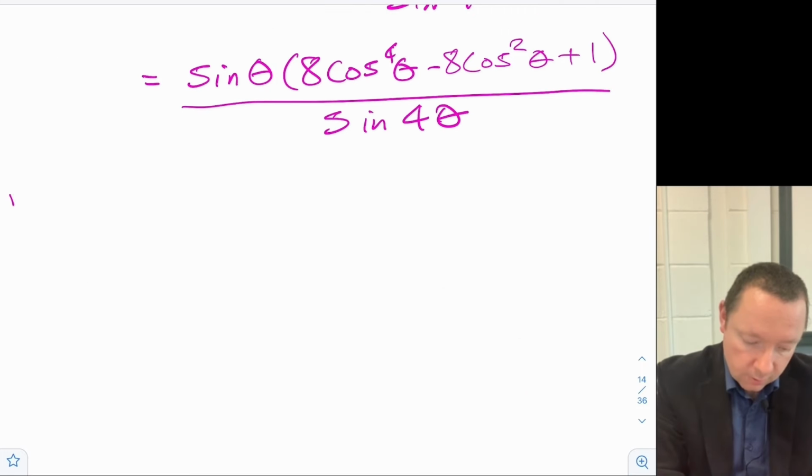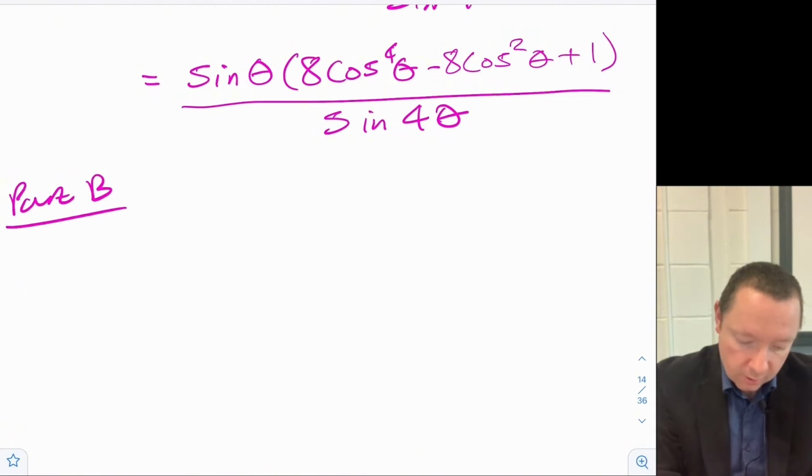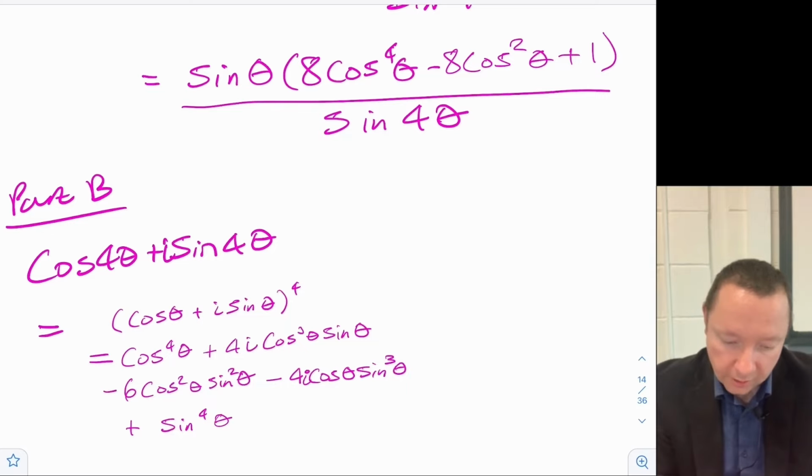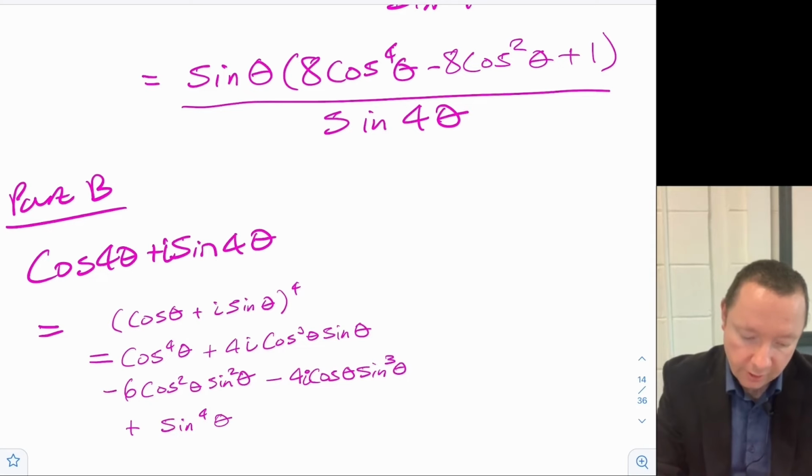Okay, part B told us that cos 4 theta plus i sin 4 theta equals, I'm just going to paste this in. So if we want to know what sin 4 theta is, we can just equate the imaginary parts, because we've got an i here, to the imaginary parts of the right hand side.